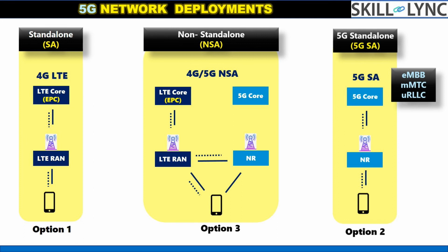In this model, the 5G NR is overlaid on an existing 4G LTE network core, and the operations in the core network are supported by the existing Evolved Packet Core, EPC, from LTE. While operating in NSA mode, a device will first connect to the 4G LTE network, and if 5G is available, the device will be able to use it for additional bandwidth.